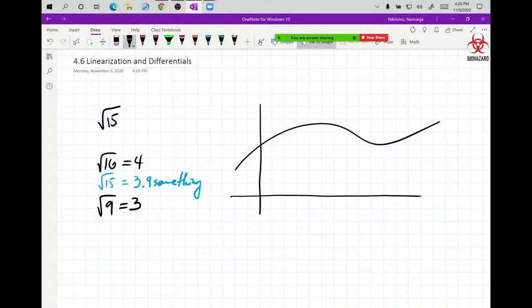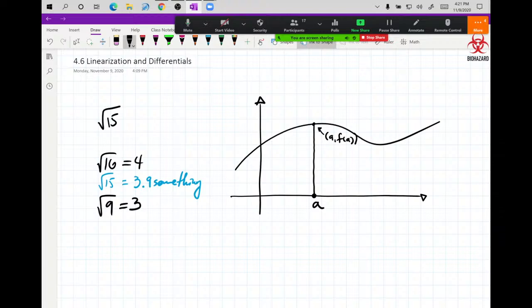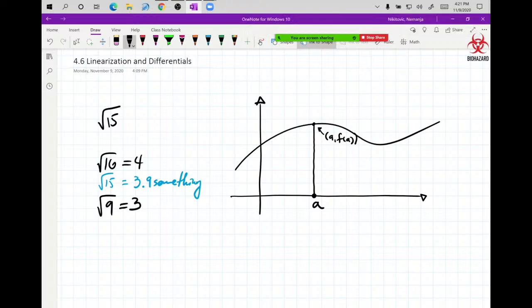Let's say that you want to compute a value right here, value A. You are interested in how much this point over here is, f of A. So you are interested in how much the function value is. Now the problem is that the value is, let's say, 15, and it's the square root of 15, or ln 15, or e to the 1/2, stuff like that.